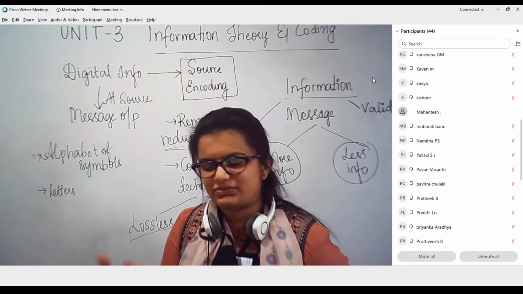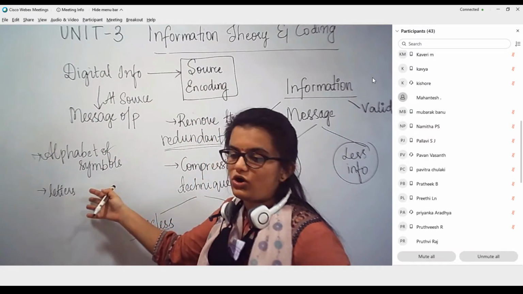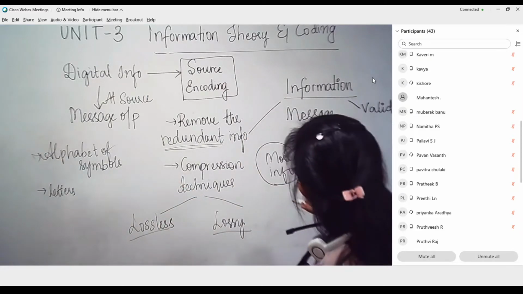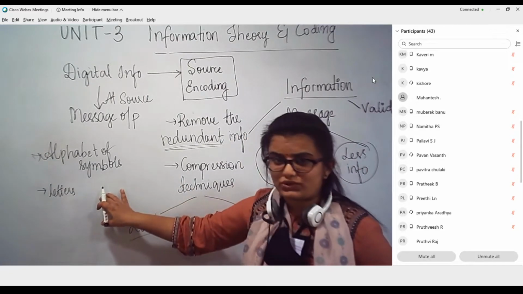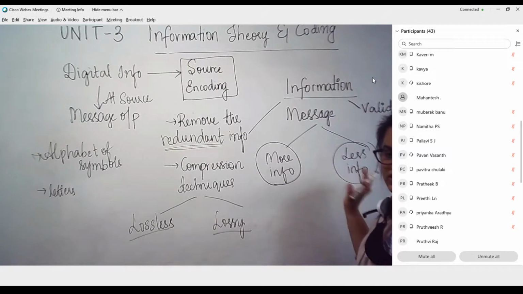A group of alphabets can be called a symbol. So we can either call them alphabets or letters. These letters when put together can convey more information or less information.